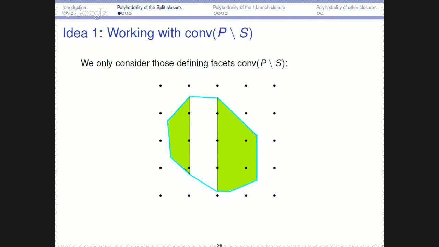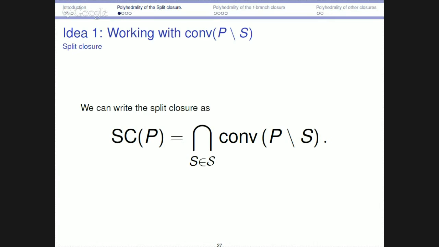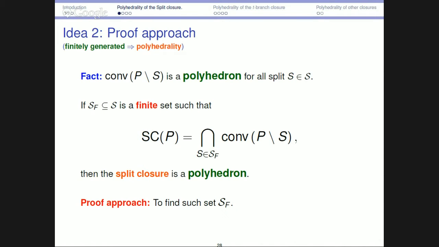The second idea is that intersecting P with all possible split cuts is the same as considering the intersection, over all possible splits, of this convexification. So you are considering here only the important split cuts. Given that each of these is a polyhedron, if you find, for some magical reason, a finite set of splits that actually gives you the split closure, then instead of an infinite intersection you have a finite intersection.